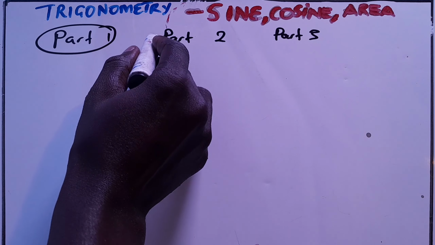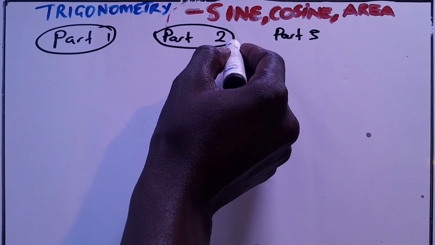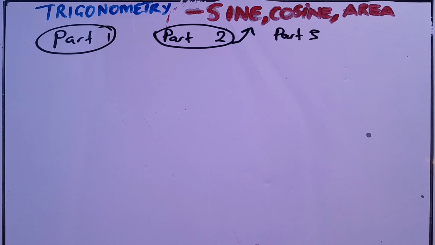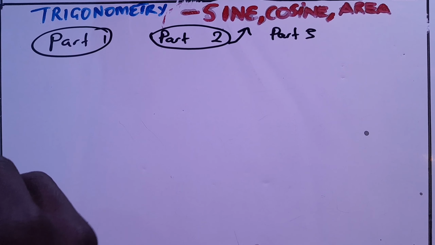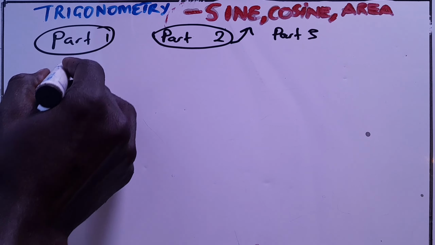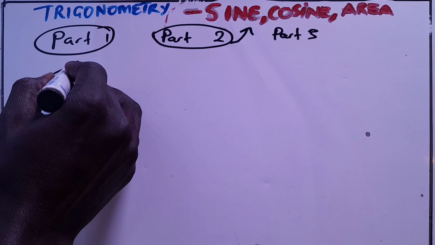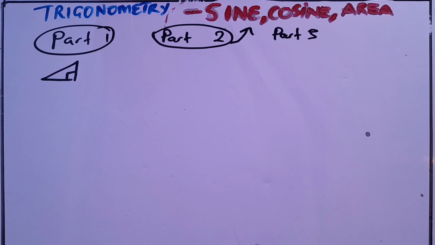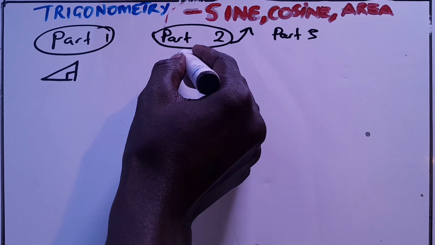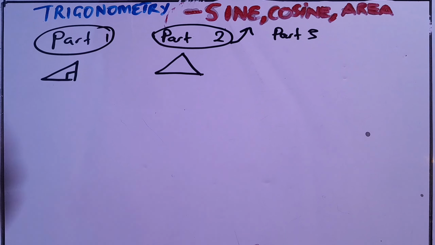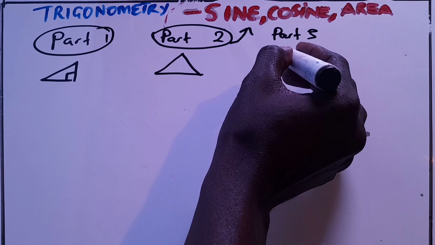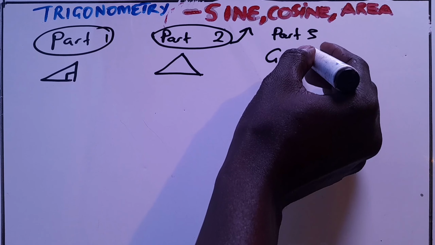Part 2 deals with the sine rule, area rule, and cosine rule. Part 1 is more about right-angled triangles, and part 2 focuses on triangles that are not right-angled. And part 3 focuses on the trig graphs.